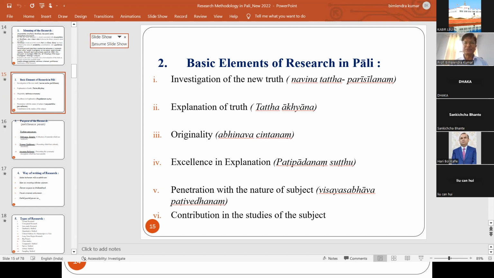Panya is a term which removes the darkness of ignorance, and it penetrates into the nature of reality, and in that way a person is able to know the nature of reality, that all things are subject to impermanence, all things are subject to suffering, and all dhammas are subject to soullessness.